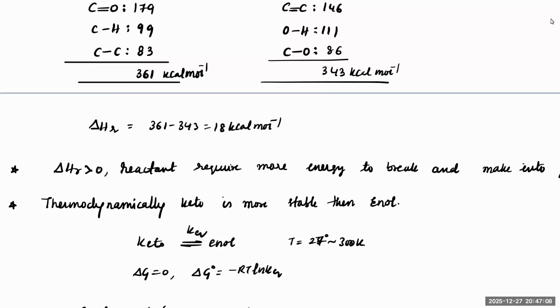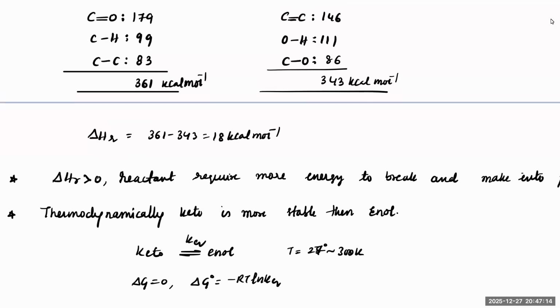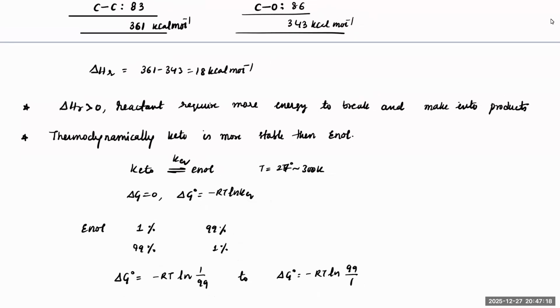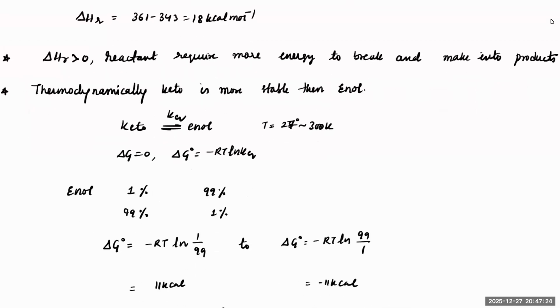That means, as far as thermodynamics is concerned, stability is what we need to check, and ketones relatively are more stable, which means reactants require more energy to be broken into products. So, usually, at a normal room temperature, if you observe the equilibrium constant, it would be more towards the ketone rather than towards enol.